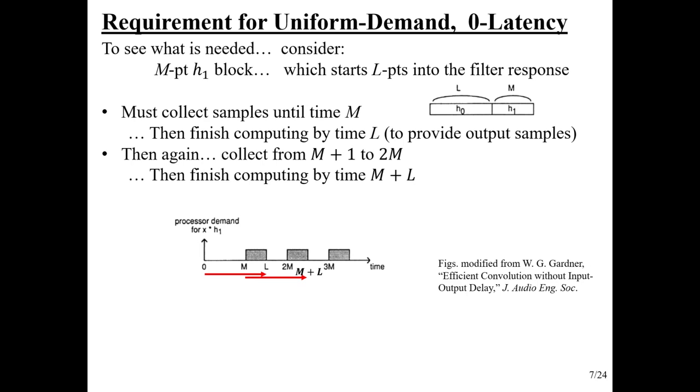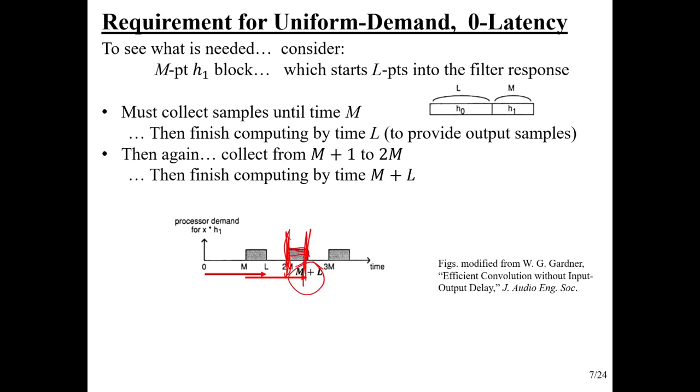Now, what ends up happening? Suppose we've made those outputs available at time L. Now from M plus 1 to 2M, from here to here, we need to collect the next M samples. So while we're processing these, we are still collecting. That's perfectly fine. Those are two separate things. So we collect out to 2M, but now that has to be available at M plus L. So that's shown here.